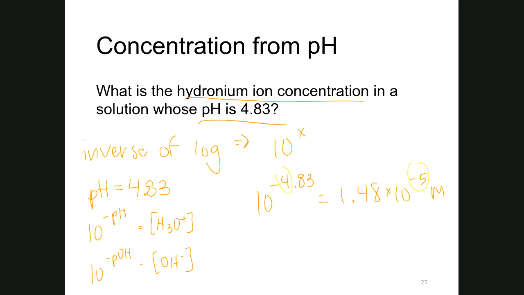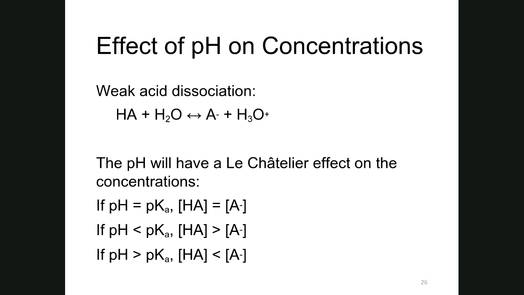All right. So what happens here whenever we change our concentrations and we can change our pH? Remember that a weak acid will dissociate, but it doesn't dissociate completely. In this generic equation, HA is just a generic weak acid. It could be any weak acid: acetic acid, citric acid, hydrofluoric acid, doesn't matter. It's going to react with water.